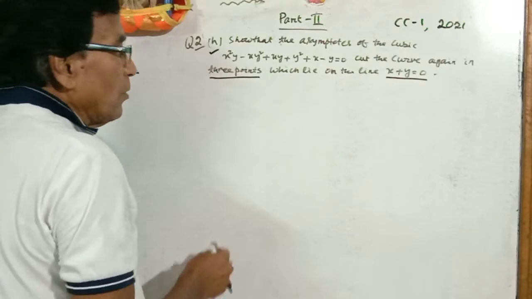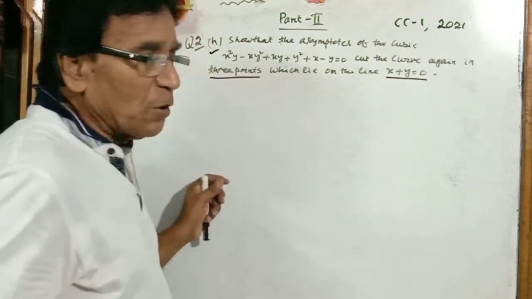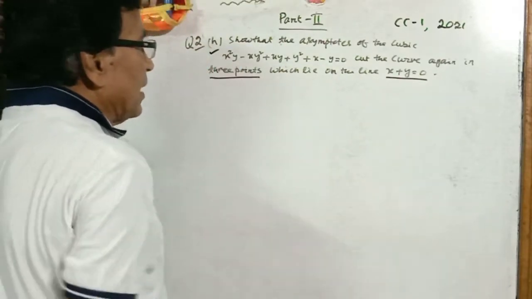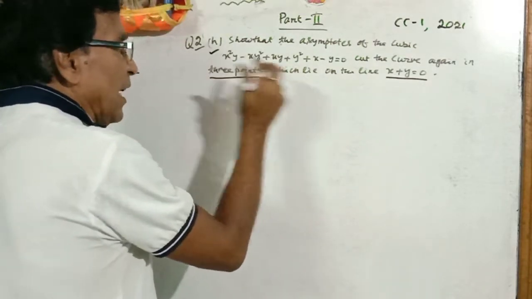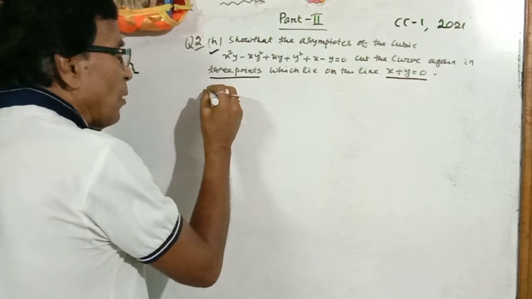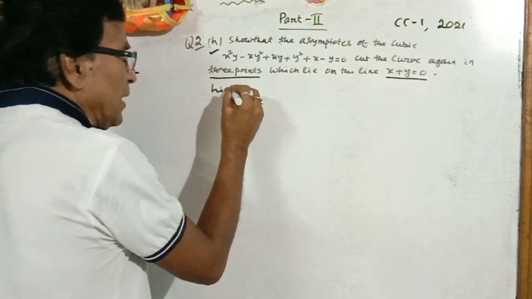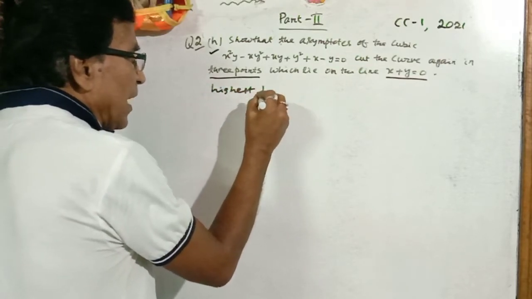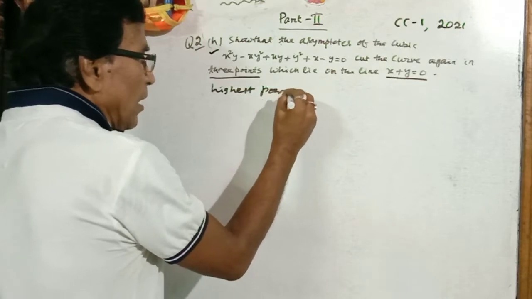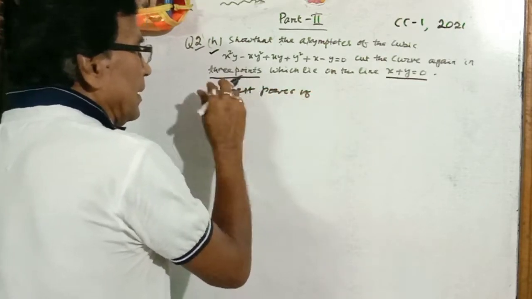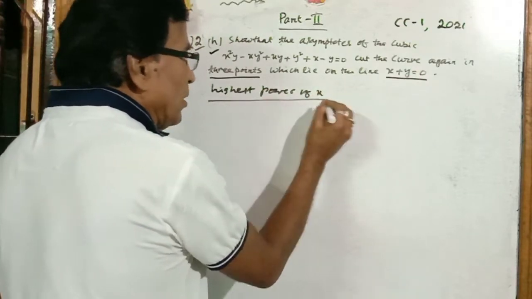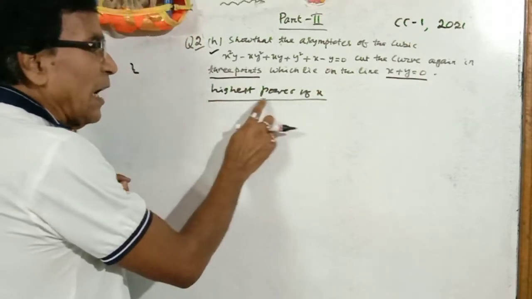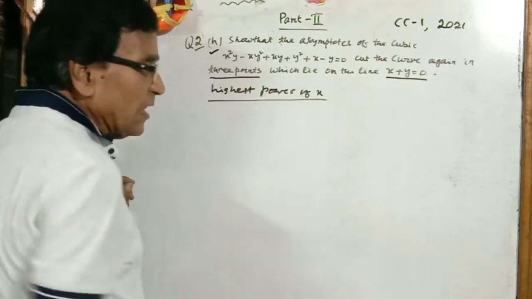Now how to find the horizontal asymptote? In order to find the horizontal asymptote, we have to divide the entire equation by the highest power of x.